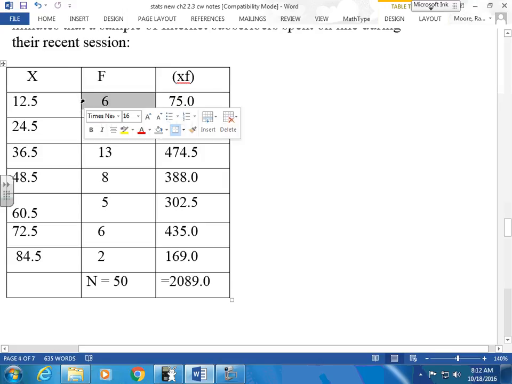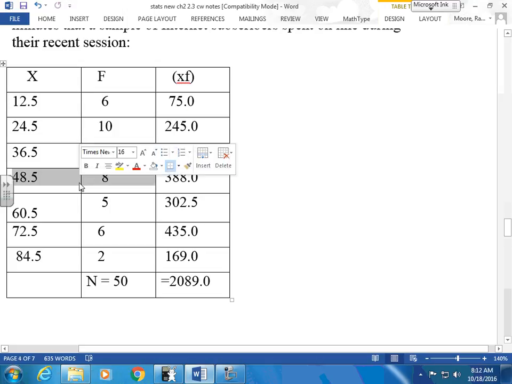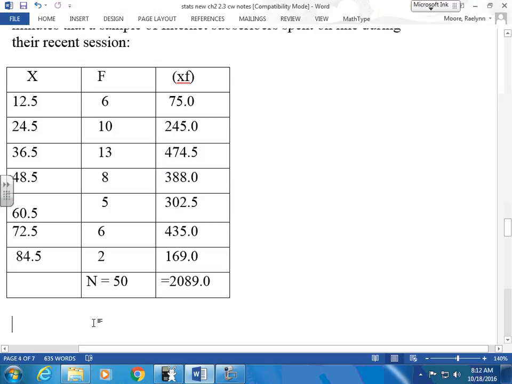You have to multiply all these guys in here. You have to say 48.5 times 8. 60.5 times 5. 12.5 times 6. This is what your calculator's doing when you say 1-Var Stats L1, L2. You're telling it there's a frequency. We don't do them by hand anymore. We have a calculator. But if you were doing them by hand, this is what you're doing on a frequency chart.